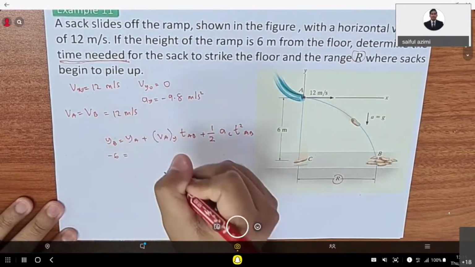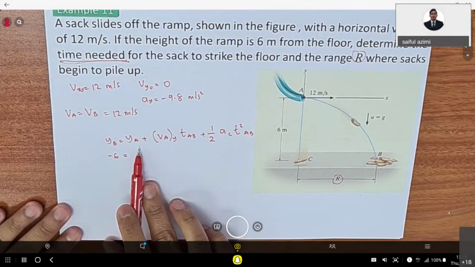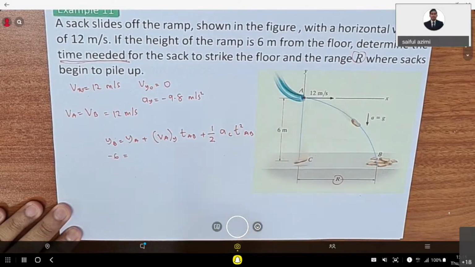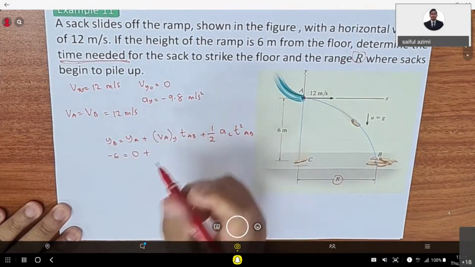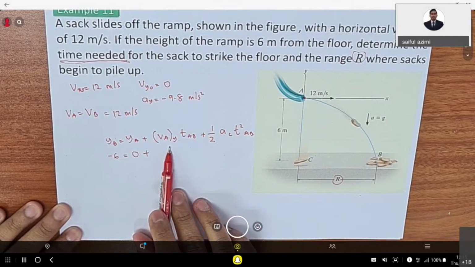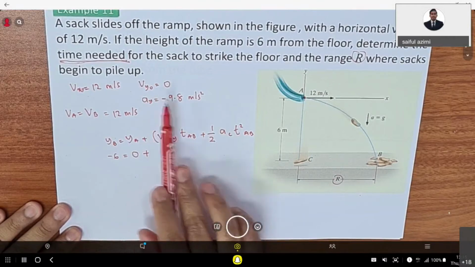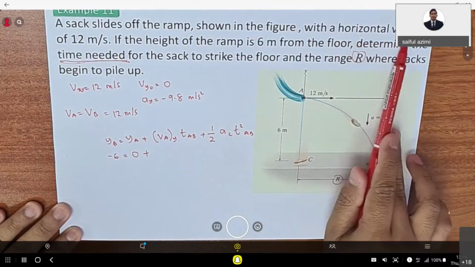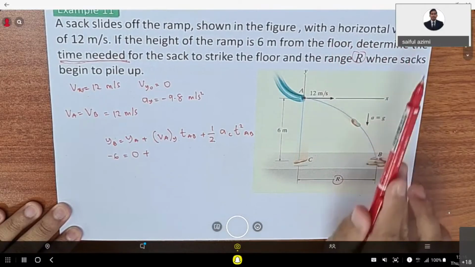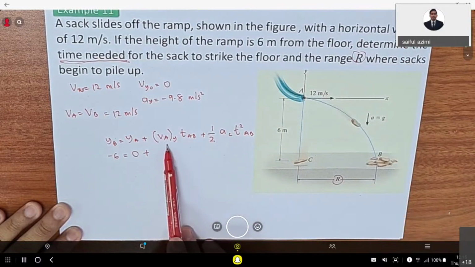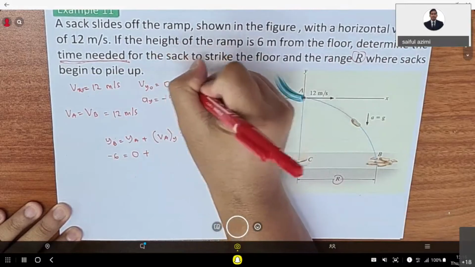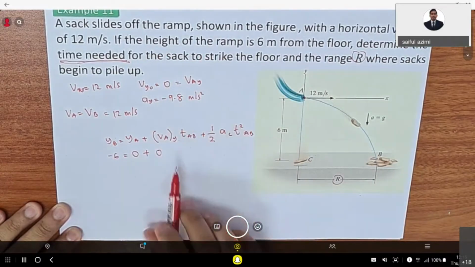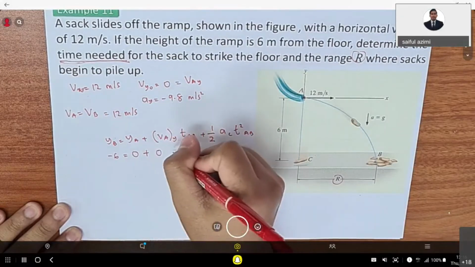Negative 6 equals YA, which is the origin, so 0, plus VAy times TAB. The sack moves only with horizontal velocity, so VAy equals 0, and 0 multiplied by TAB is 0.